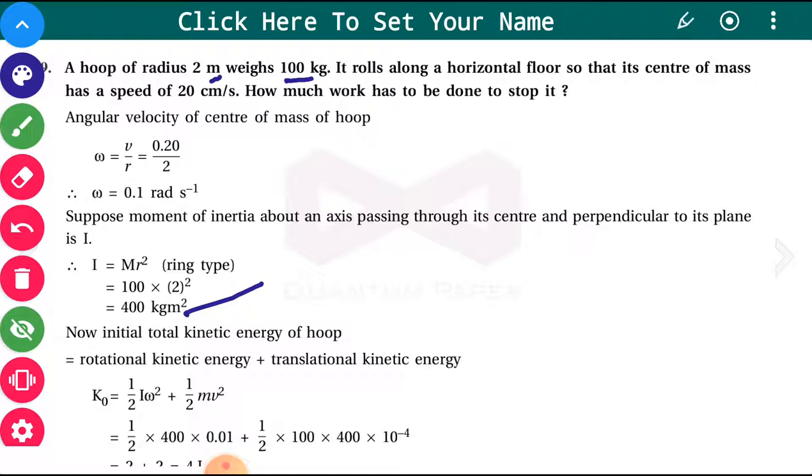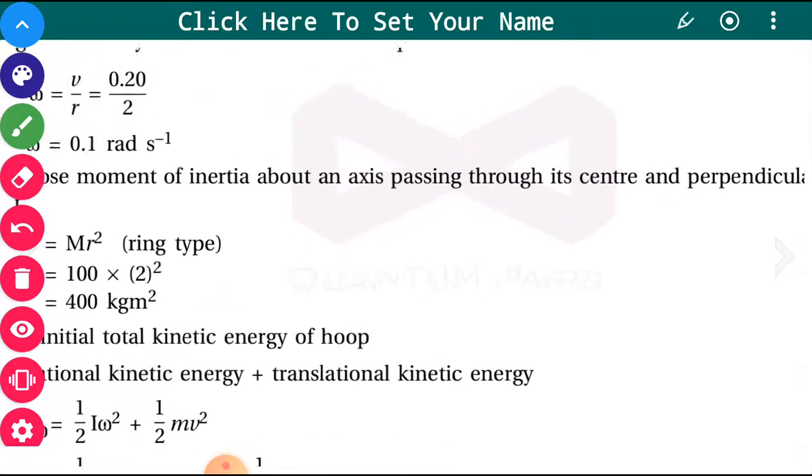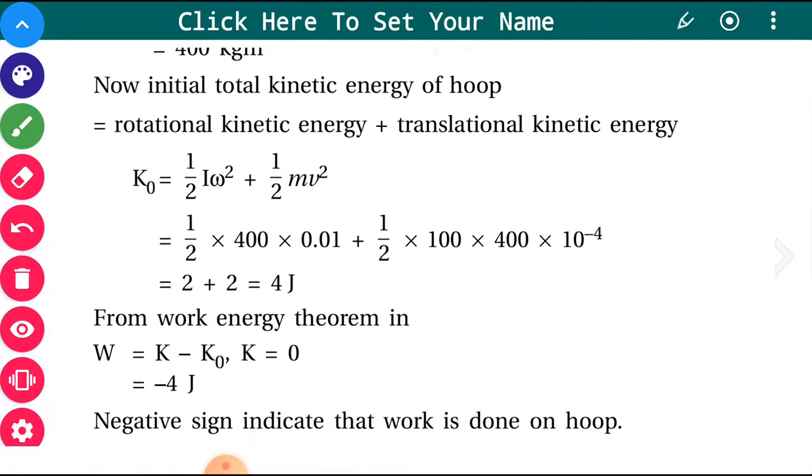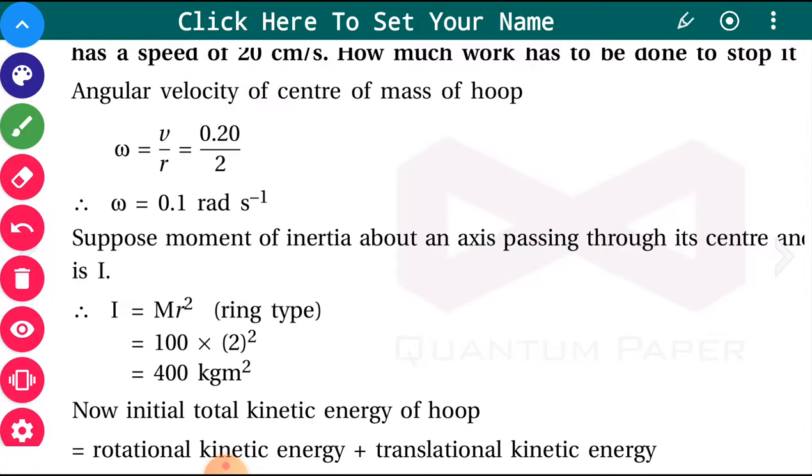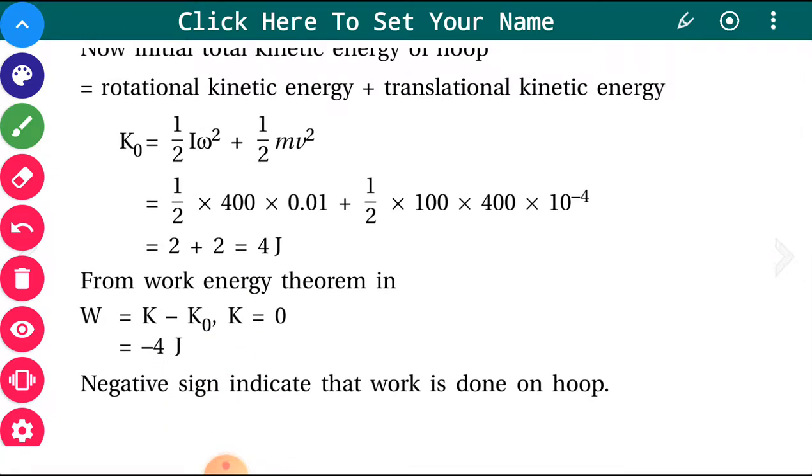So initial total kinetic energy is rotational kinetic energy plus translational kinetic energy, and this is 1/2 I omega square plus 1/2 mv square. Values are with you. Omega we just now found, it's 0.1, so 0.01 will be the square of it.